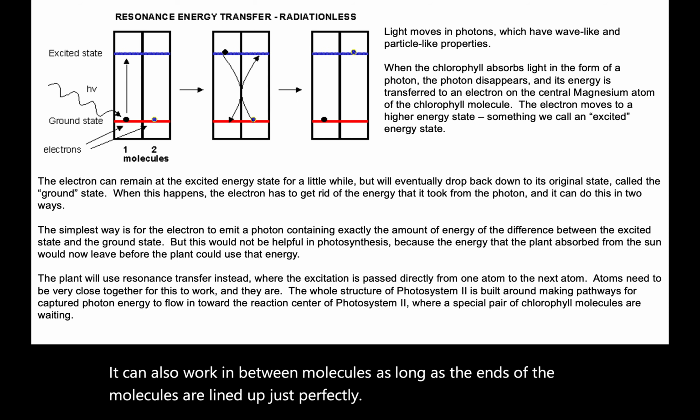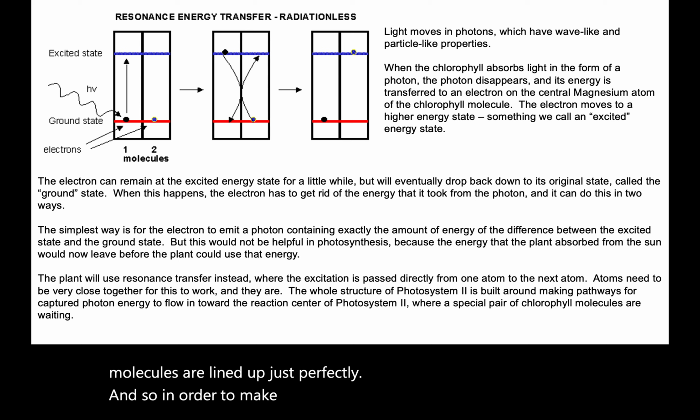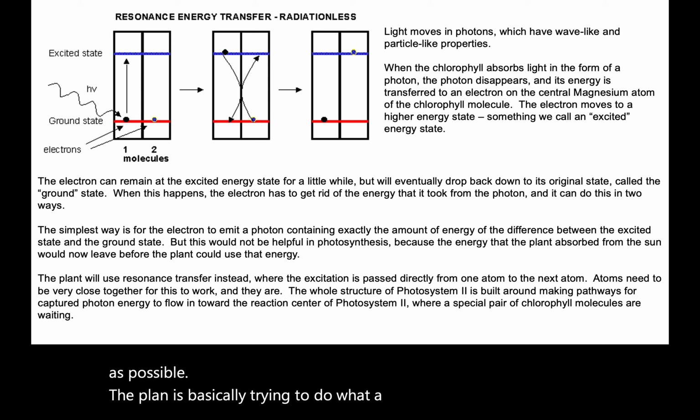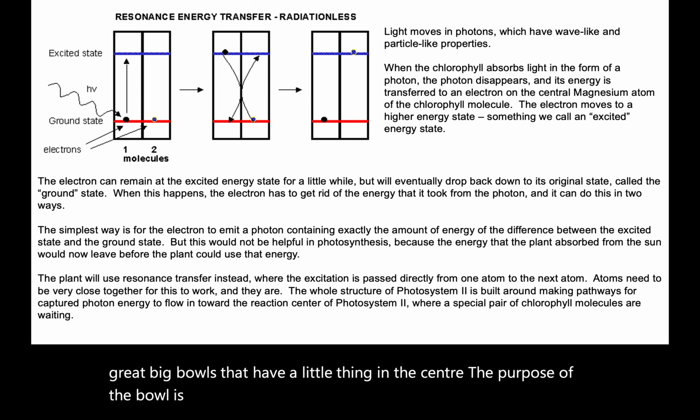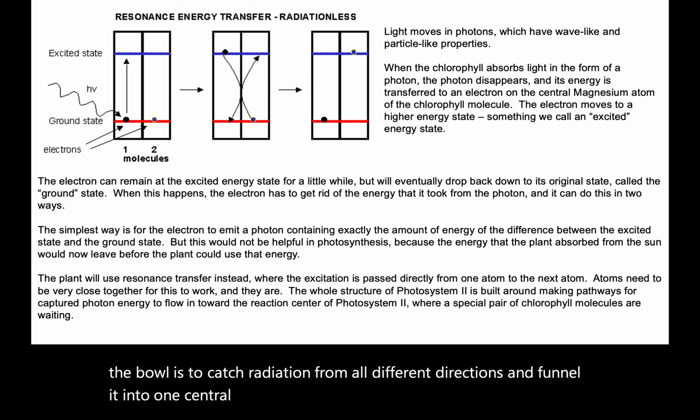And so in order to make a machine that could harvest as much light as possible, the plant is basically trying to do what a satellite dish would do. You know, those great big bowls that have a little thing in the center? The purpose of the bowl is to catch radiation from all different directions and funnel it into one central point. And that is exactly what the plant is trying to do.